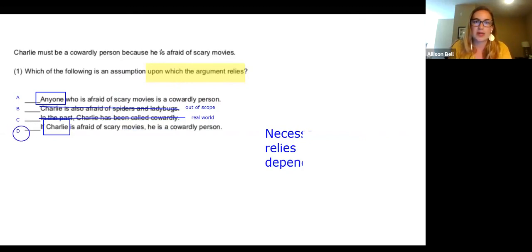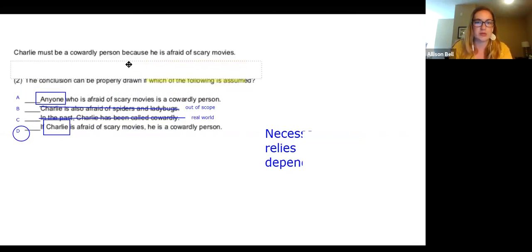And as James mentioned, if I were to change this question and say, instead of asking you for a necessary assumption, I used language like this, which is asking for a sufficient assumption, then the correct answer would change. So this question is asking you, what could we say that would allow the conclusion to be properly drawn or valid?